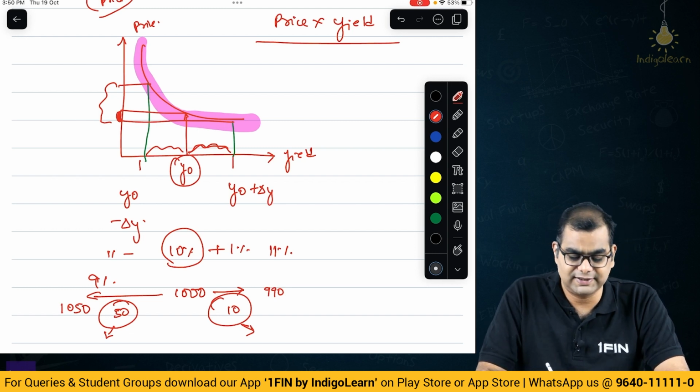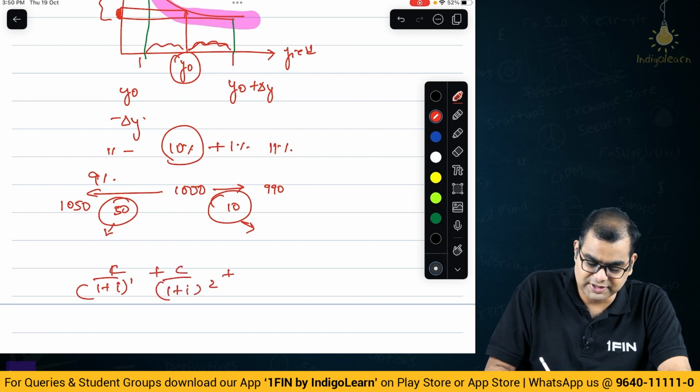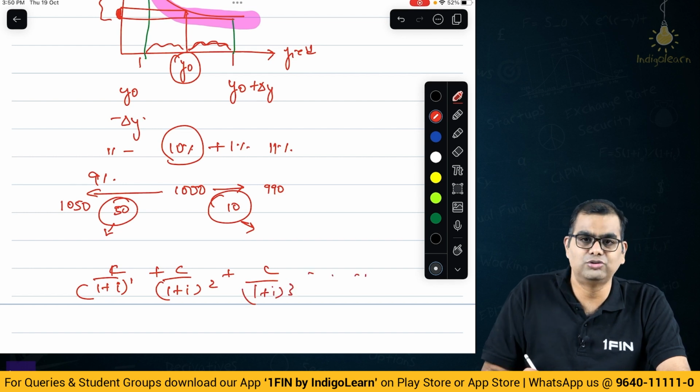Why is the curve like that? The curve is like that because we have the equation: 1 by (1 plus i) power 1, c by (1 plus i) power n, c by (1 plus i) whole square, plus c by (1 plus i) whole cube, and so on and so forth. This is the present value formula.